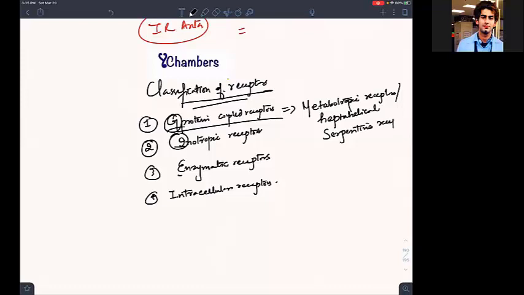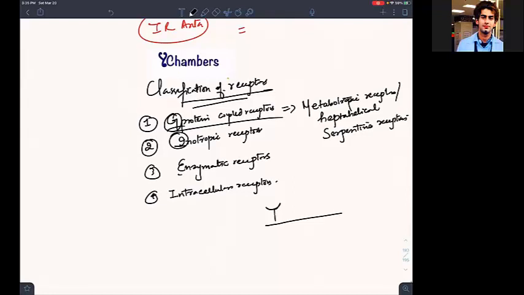Guys, what is the serpentine receptor? It's a simple thing, my dear. If I have a receptor whose transition in the cell membrane is 7 times, 1, 2, 3, 4, 5, 6, 7, this is known as a serpentine receptor.